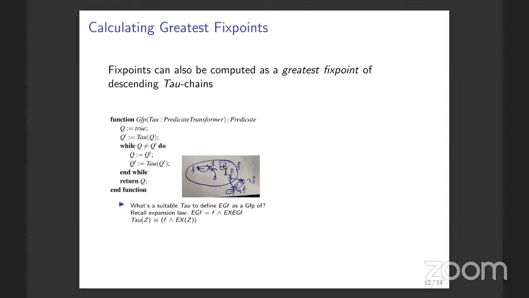So this F, the set of all states, F includes those that are already in the fixed point, but those that should not be will also have some states.